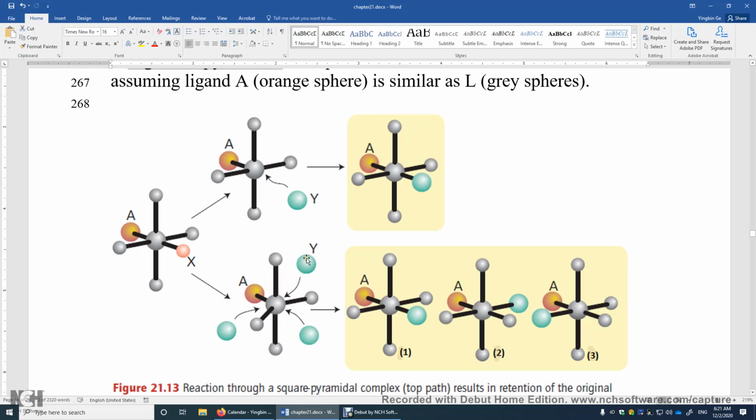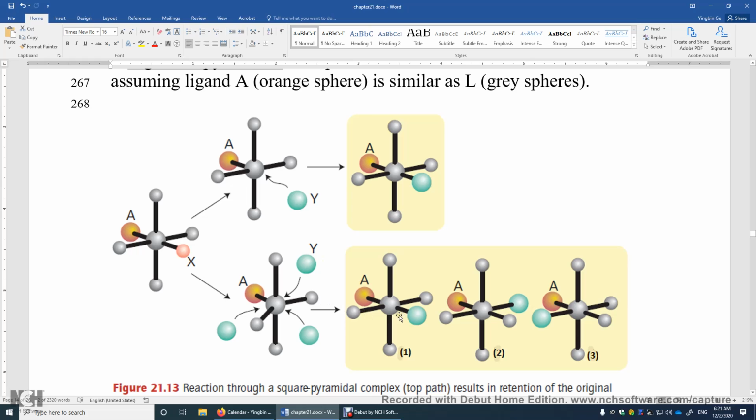Then this Y can attack this metal between these 2 ligands, or between these 2 ligands, or between these 2 gray spheres. If Y attacks the metal between these 2 gray spheres, okay, the final product is going to be trans.